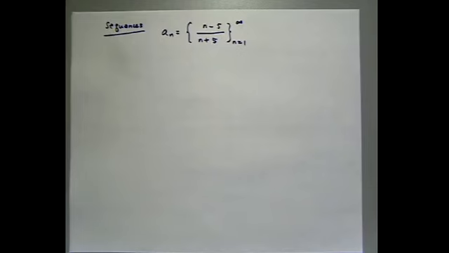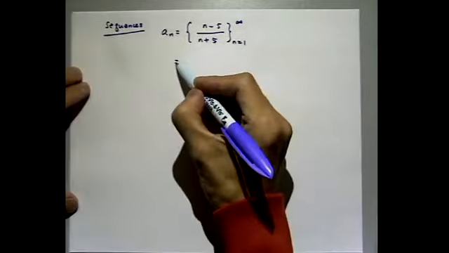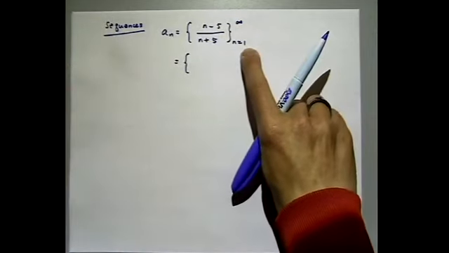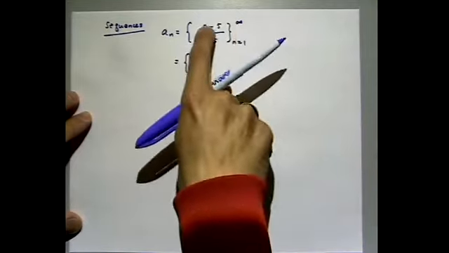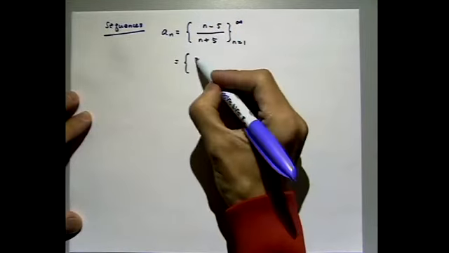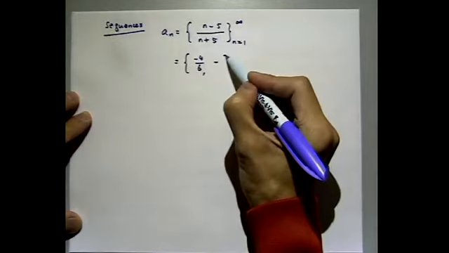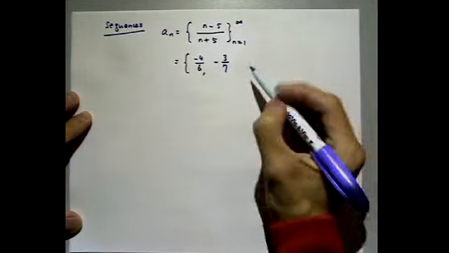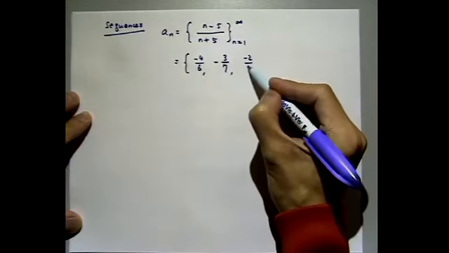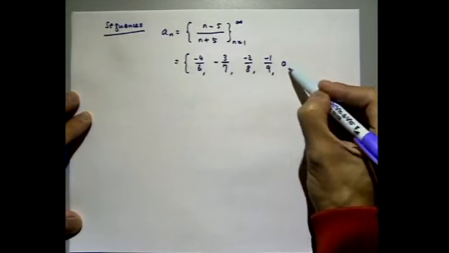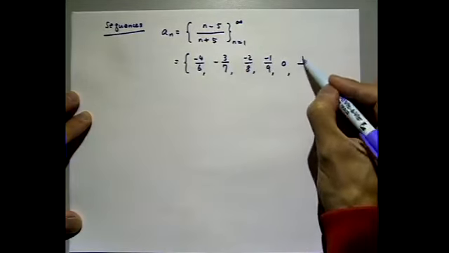Now remember, a sequence is simply a list of numbers in a specific order. If I put in n equal to 1, then the first one that comes out is going to be negative 4 over 6. The next one is minus 3 over 7, minus 2 over 8, minus 1 over 9, 0, 1 over 11.